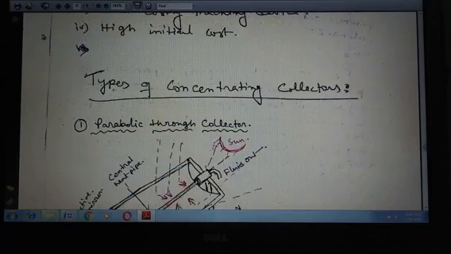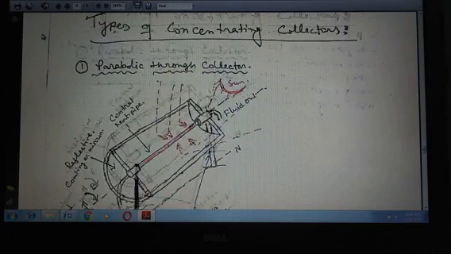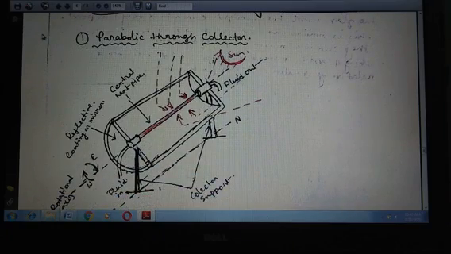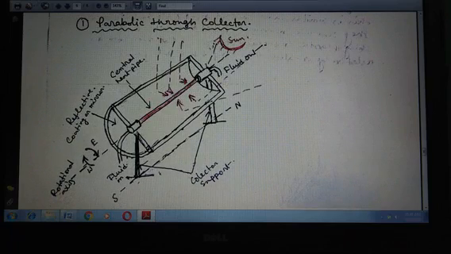Now, different types of concentrating collectors. The first one is the parabolic trough collector.